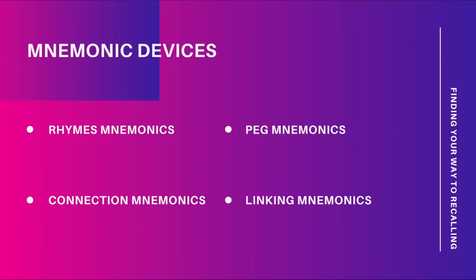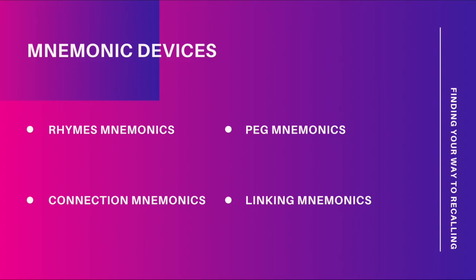Linking the mnemonic system to the information can also be very helpful. Now what's different is that in the connection system, you are connecting a system to the information. But when we talk about linking, we are talking about linking personal experience-based mnemonic devices with the information.